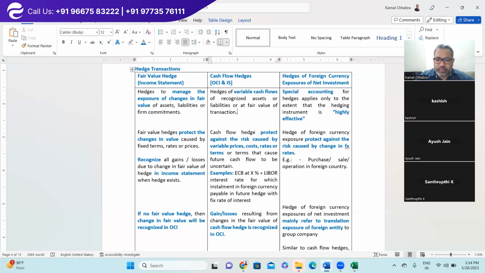For example, external commercial borrowing at a particular rate of interest plus LIBOR, with installments payable in foreign currency in the future, is hedged with a fixed rate of interest, right? You are swapping X plus LIBOR to the fixed rate.